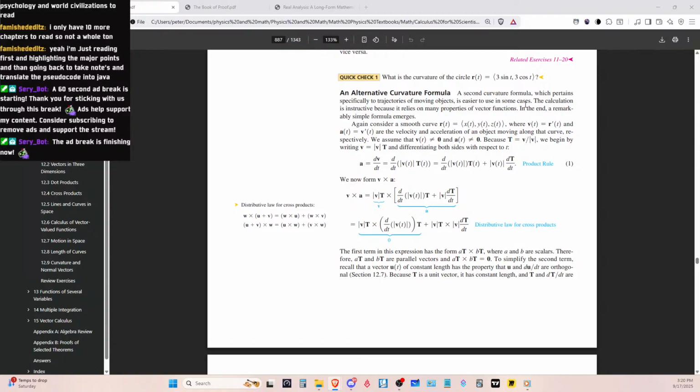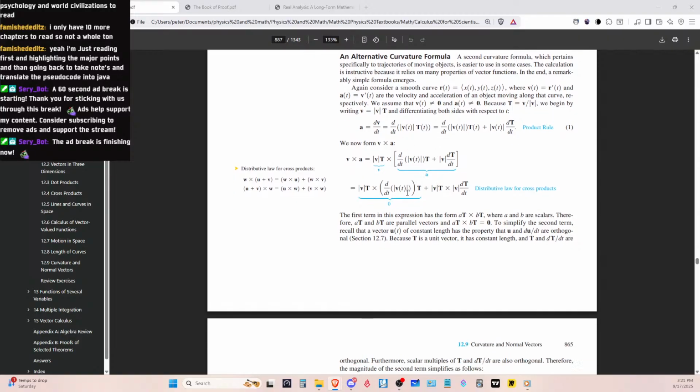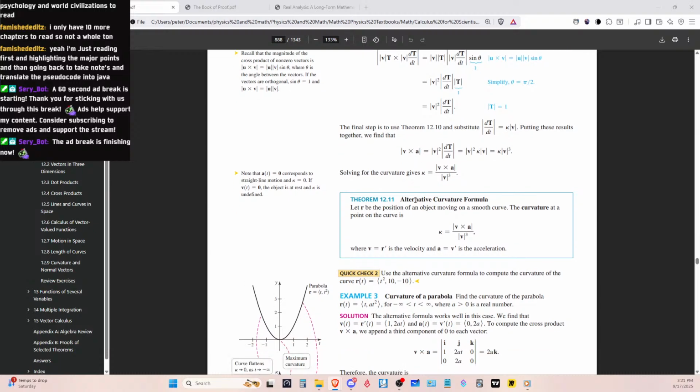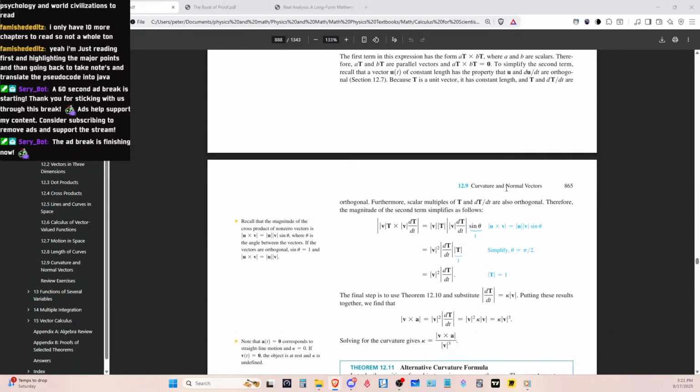Okay, the alternative curvature formula. Let's see. So it's showing the cross product. Interesting. So basically it's the cross product of velocity and acceleration over the magnitude of the velocity. Let's see where the derivation comes from actually.